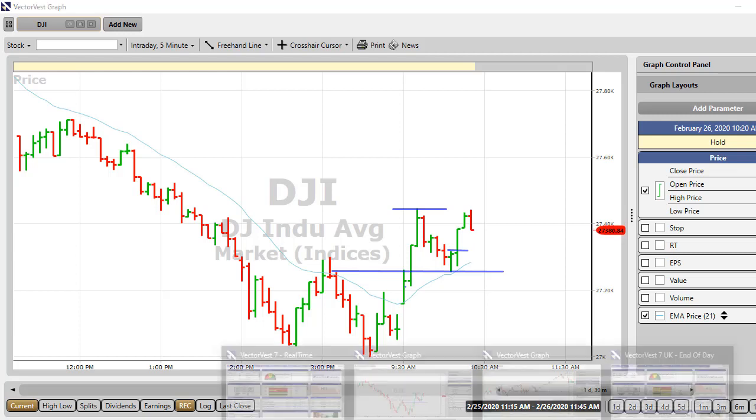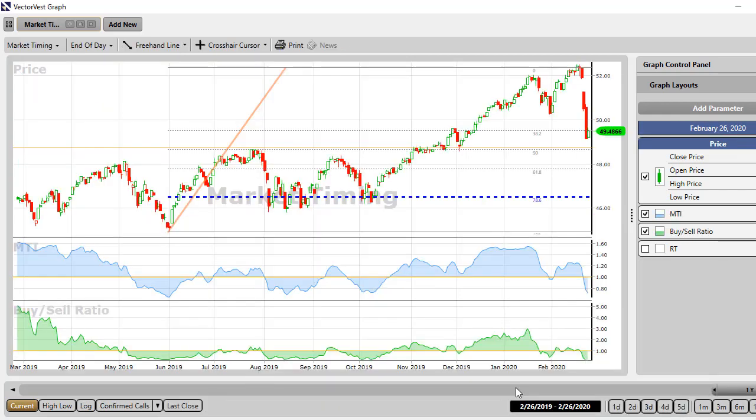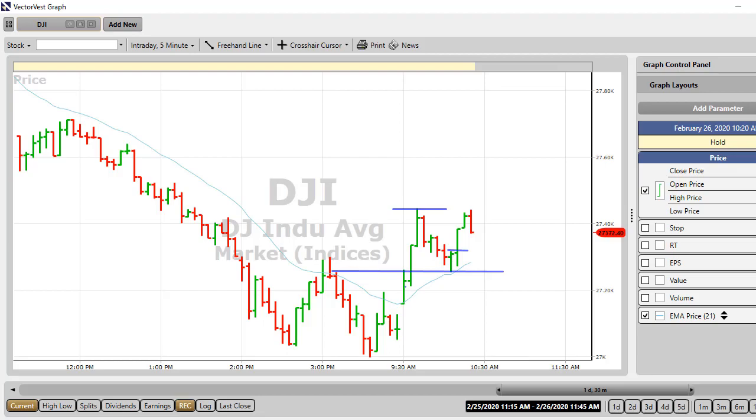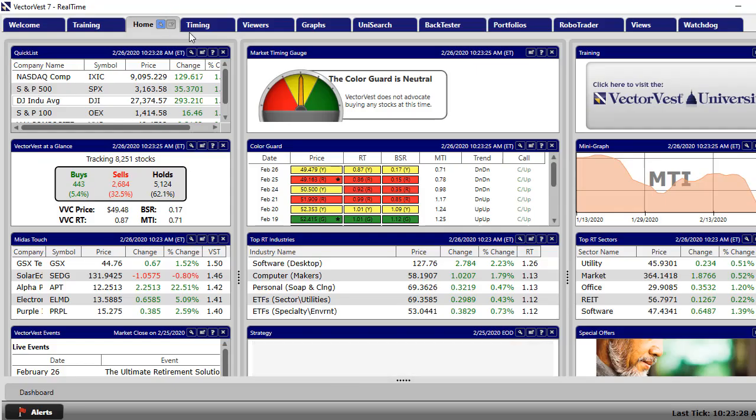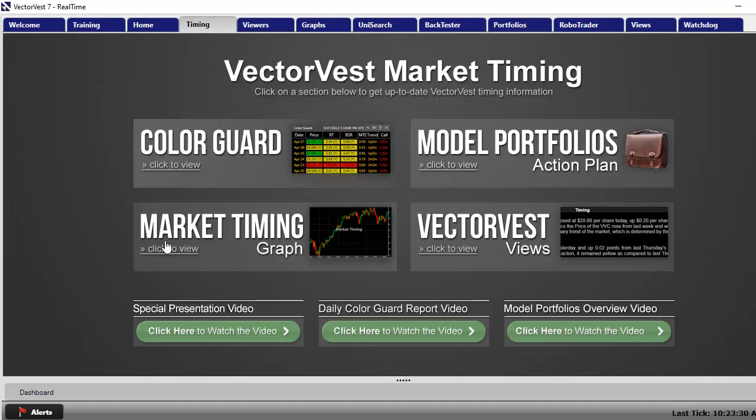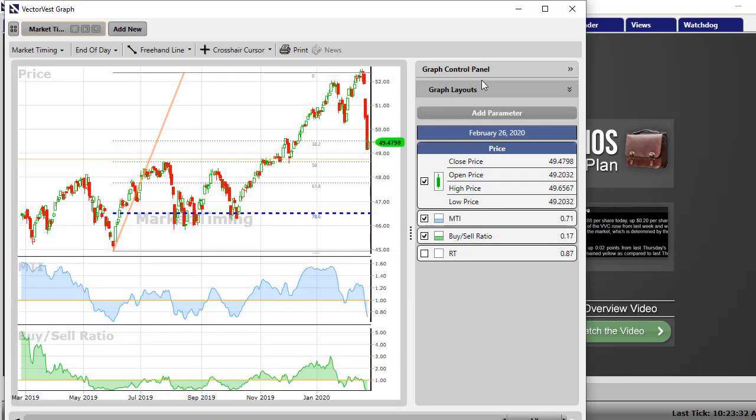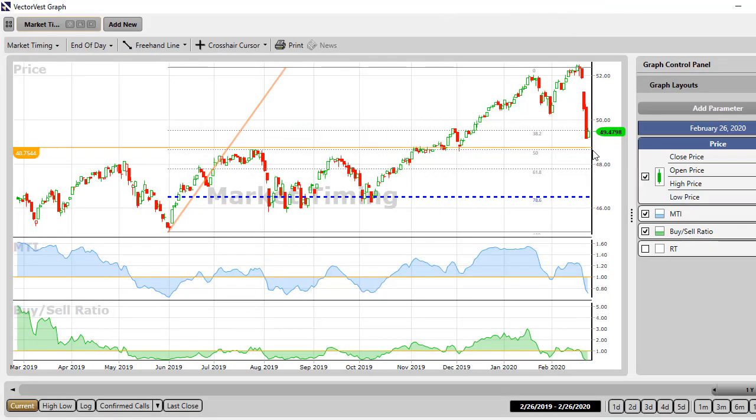Let's just look at the composite itself of the US, and let's pull that up. In fact, if I go to timing and pull up the market timing graph, there we go, and you can see that little bounce that we've had today, but we have the buy sell ratio in mega oversold territory, folks, at 0.15.